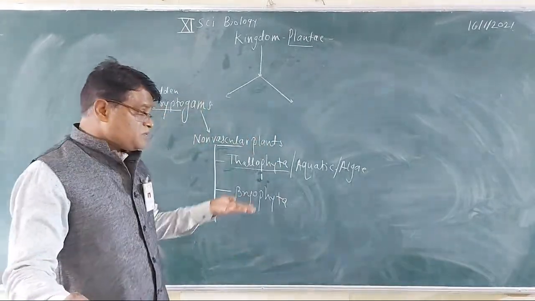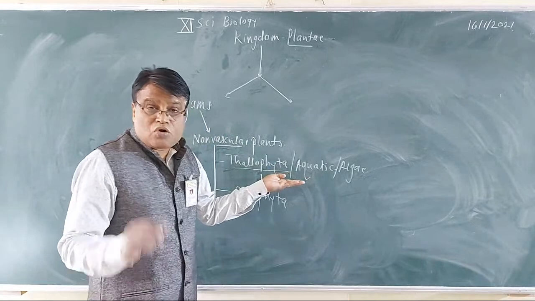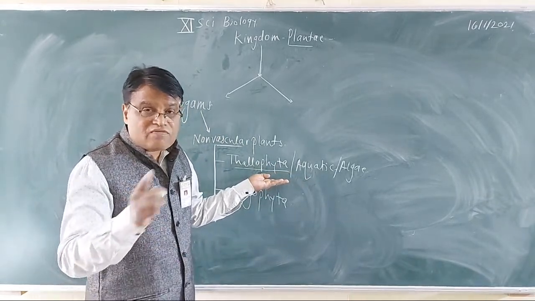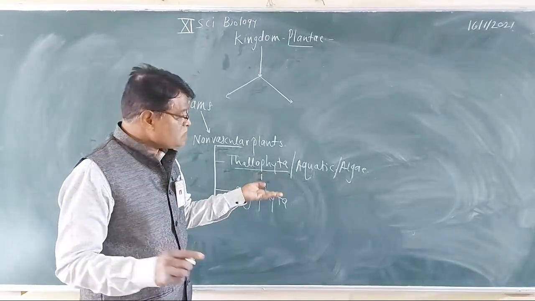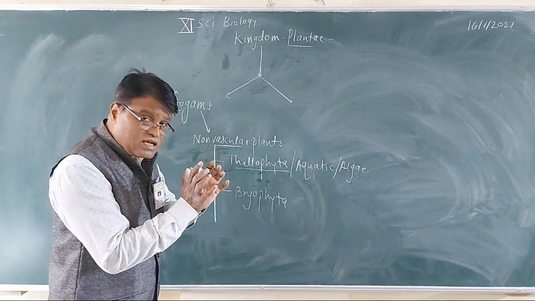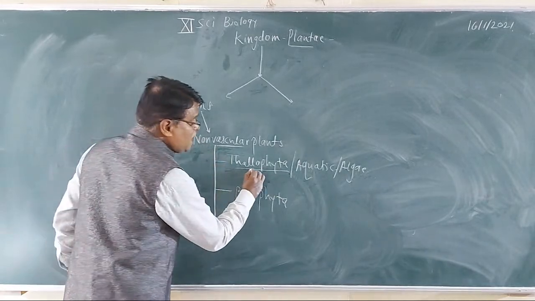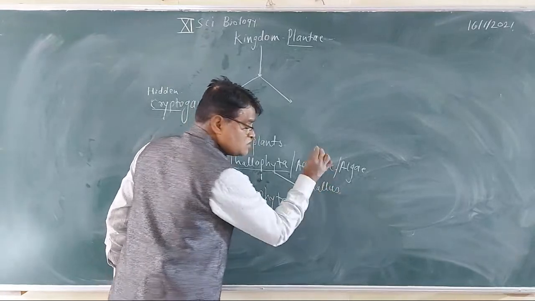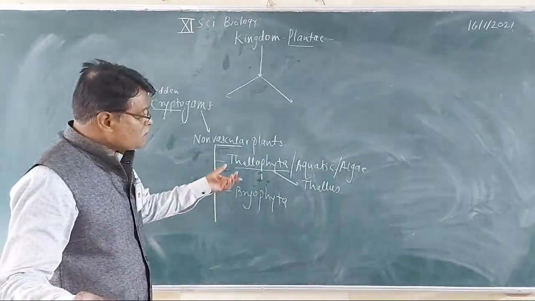But in the case of water plants, root-like, stem-like and leaf-like structures are seen. That is why this body is called the thallus.